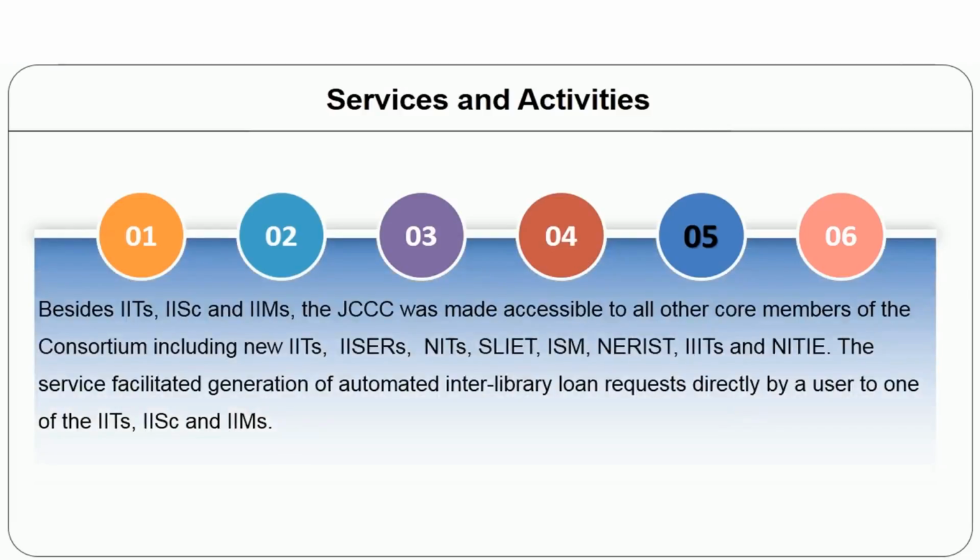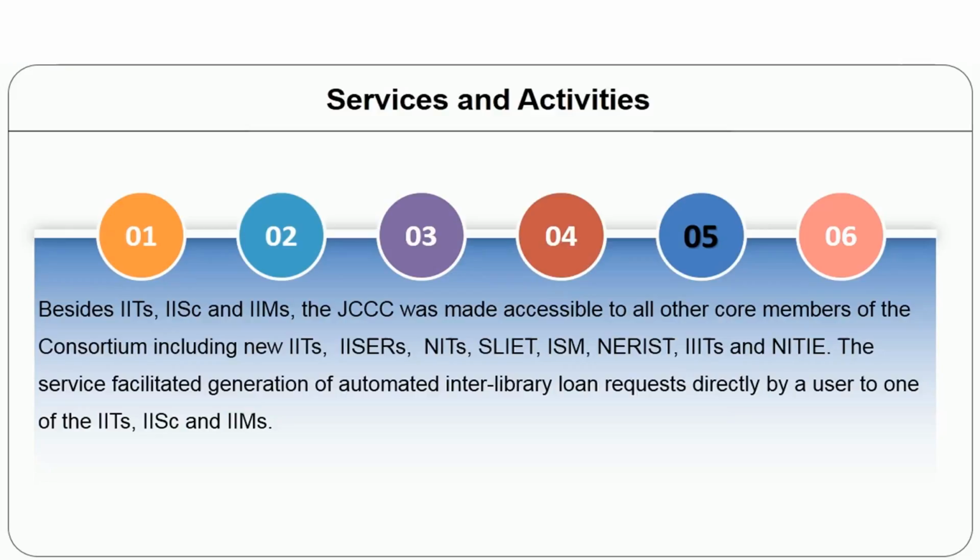Besides the IITs, IISc and IIMs, the JCCC was made accessible to all other core members of the consortium, including the new IITs, IISERs, NITs, SLIET, ISM, NERIST, IIITs and NITIE.